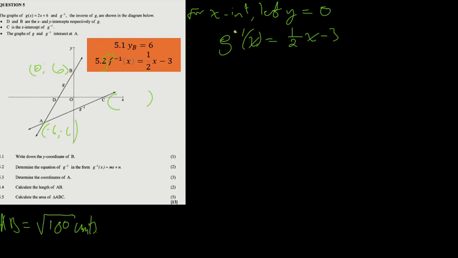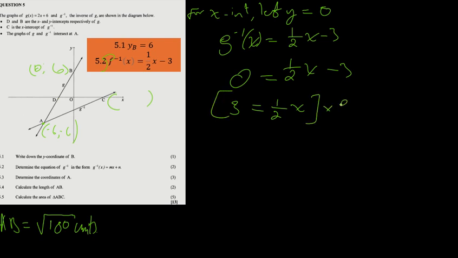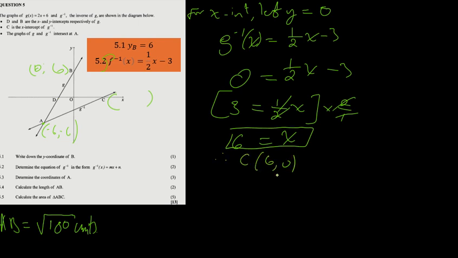I will substitute 0 here: 0 is equal to 1 over 2x minus 3. Now let's take 3 to the other side: 3 equal to 1 over 2x. Let us multiply everything by 2 over 1. So 2 over 1 times 3 is 6, and these cancel each other, so we have x equal to 6. Therefore C is (6, 0).